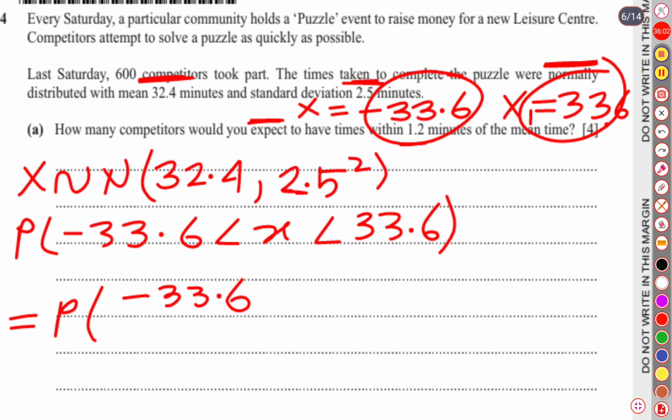It is going to be 32.4 minus 1.2. Let me erase this.